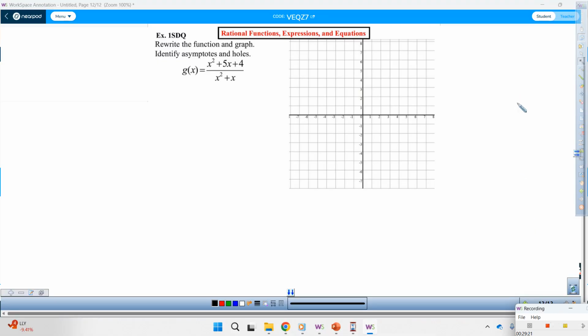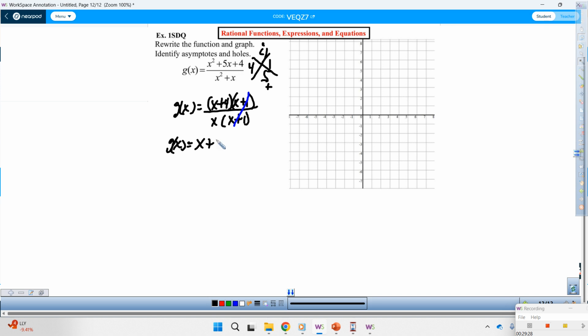All right. Send that in, please, and let me go over this as you're sending that in. We should have gotten g of x equals x plus 4, x plus 1 over x, x plus 1. By doing Power Rangers on this one. Giant 1 is right here. We end up with g of x equals x plus 4 over x.